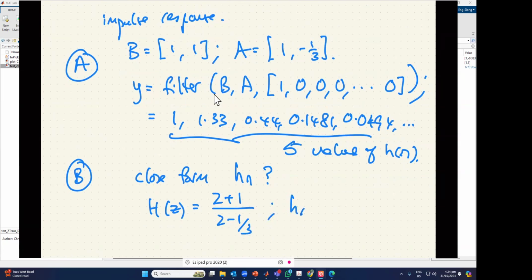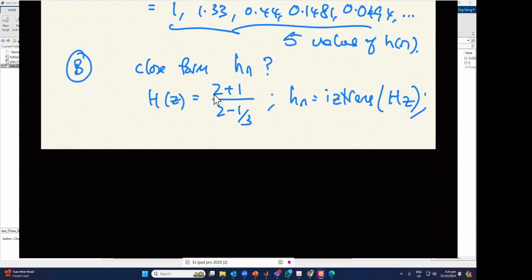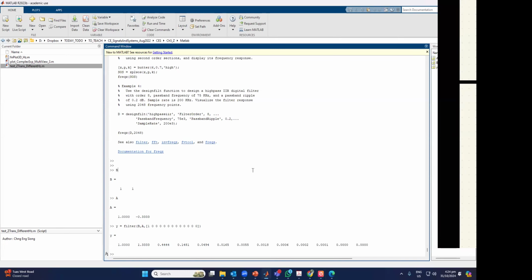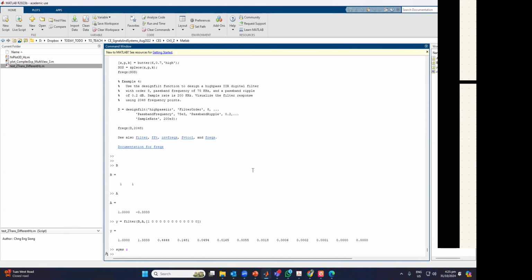So h[n] equals the inverse Z transform of H of z. Again, one step if you have MATLAB. Okay, let's try. So syms z, z is a symbol. Hz equals z plus 1 divided by z minus 1/3.